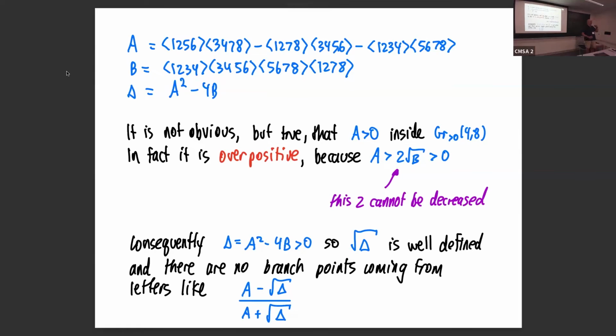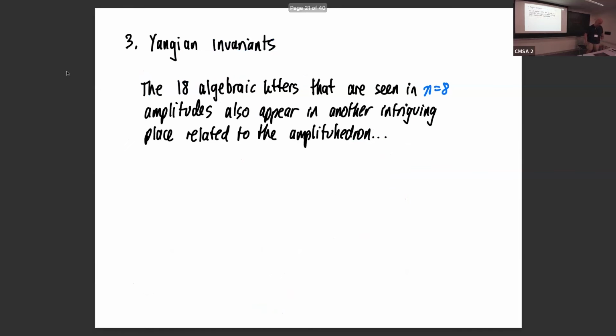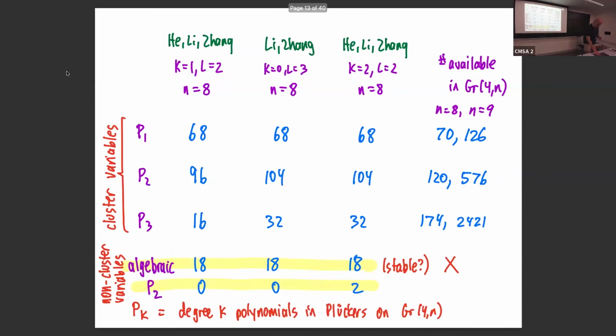I think Danny will talk about some of the connection between some of these things and limit rays inside the GR48 cluster algebra. I want to briefly mention another connection. There are various ways to derive or associate 18 algebraic letters to the GR48 cluster algebra, which is an infinite cluster algebra.